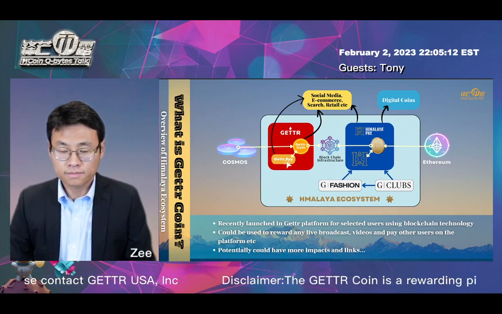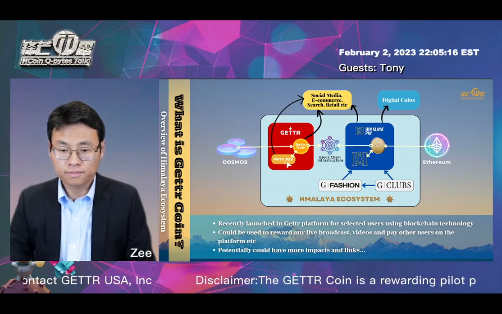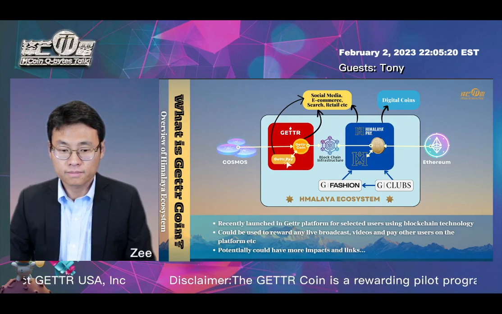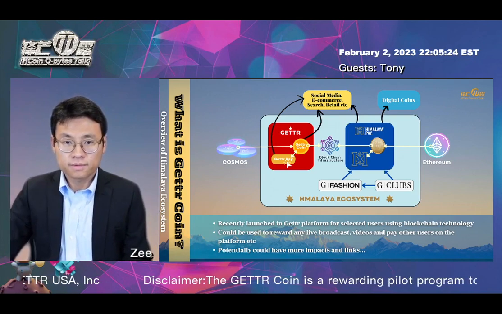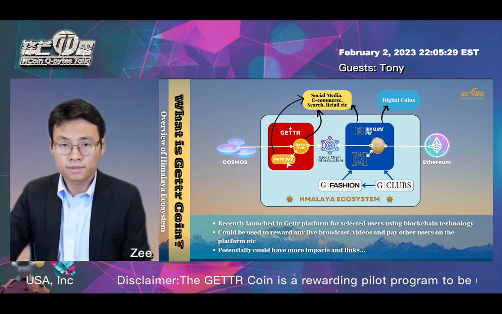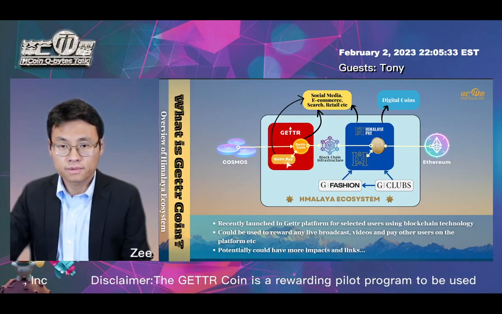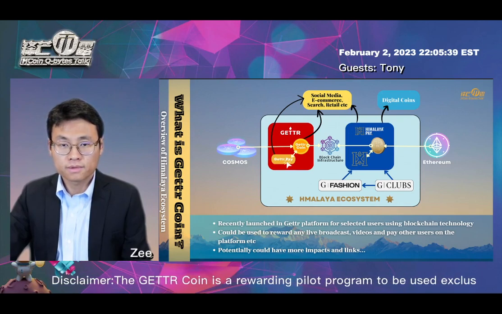Also, I think Ronnie mentioned the Gettr coin is based on the Cosmos blockchain ecosystem. And it's a private version as of now. It's not on public blockchain yet, but potentially it will also be launched on public blockchain in the future. But right now, both the Himalaya Pay system and the Gettr coin system are private blockchains.